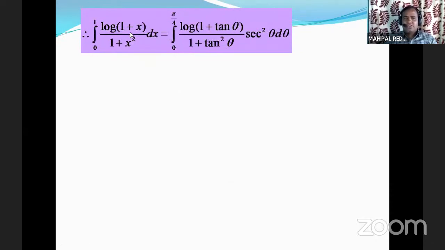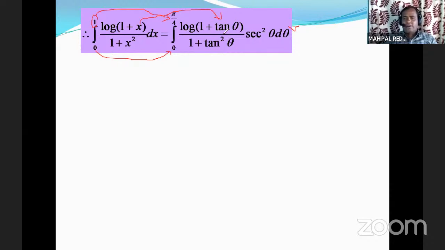The given question is integration from 0 to 1 of log of (1 plus x) by (1 plus x square) dx. It equals integration with lower limit 0, and when the upper limit is 1 with respect to the x variable, the upper limit is pi by 4 with respect to the theta variable, of log of 1 plus x, where we choose x equals tan theta.